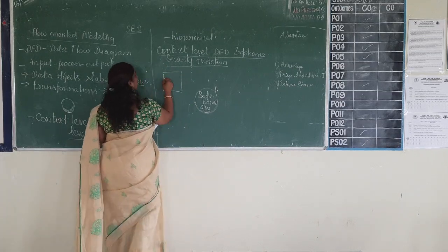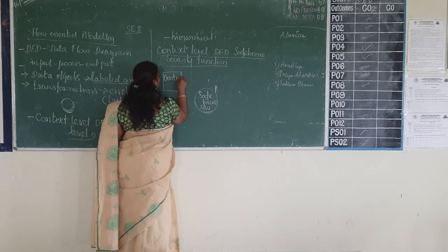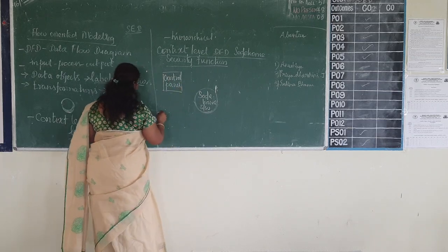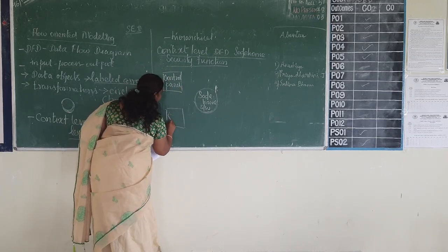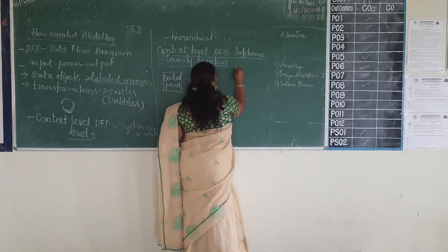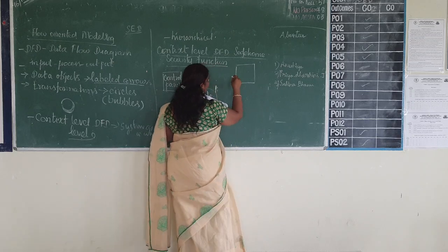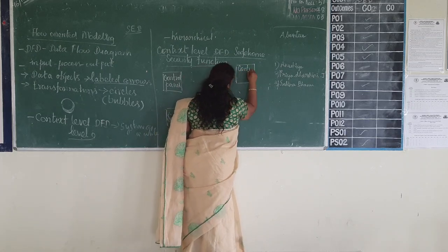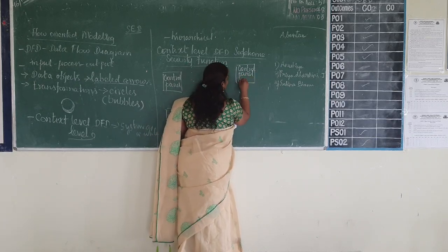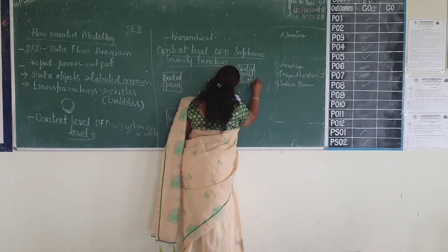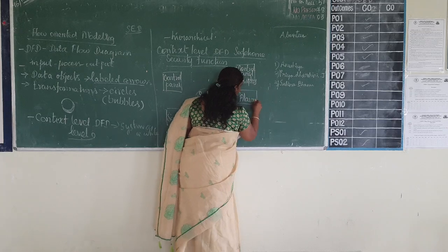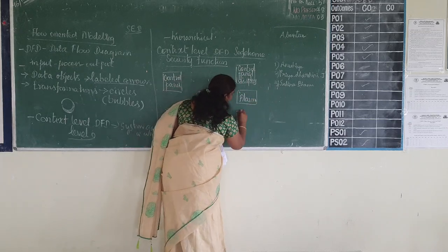Okay, so SafeHome software has some external entities: control panel, sensors, control panel display, alarm, telephone line.